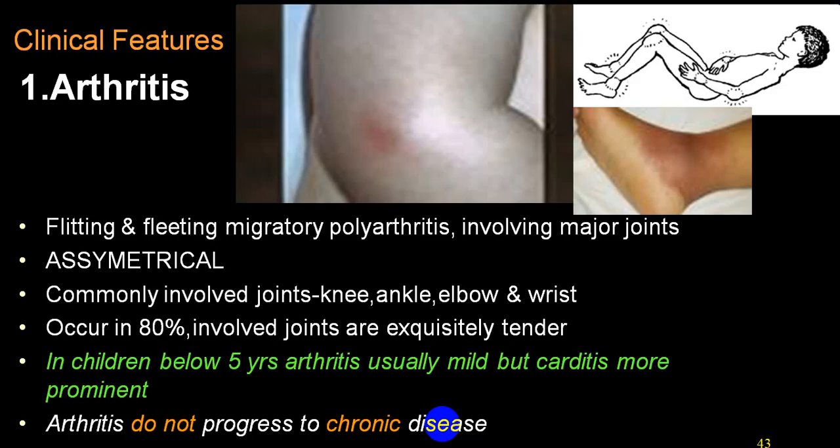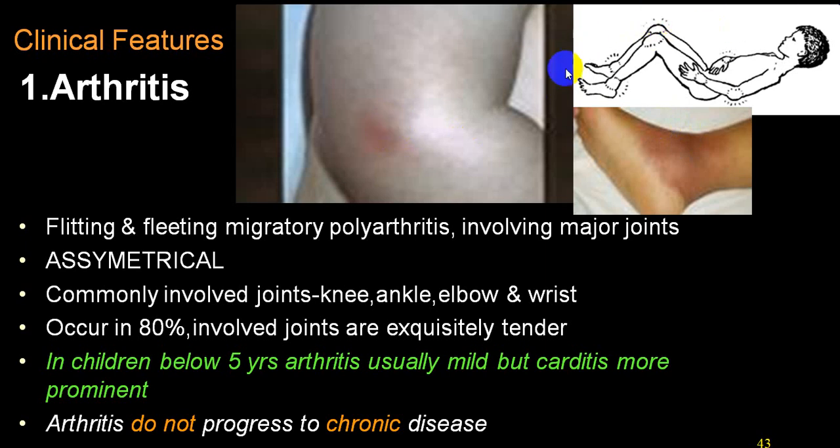So first regarding arthritis, it is typically described as a polyarticular fleeting migratory polyarthritis, meaning one joint is involved. By the time this joint starts subsiding, there is a second joint involvement, and the first joint which was involved subsides.